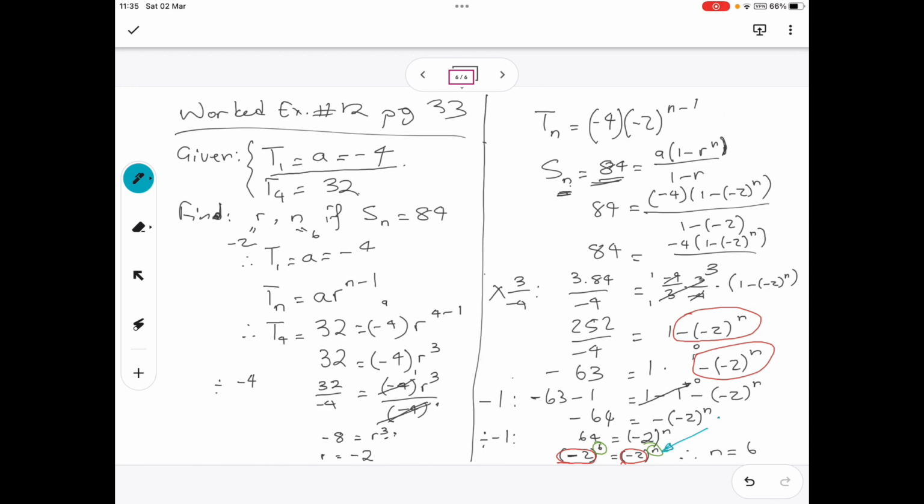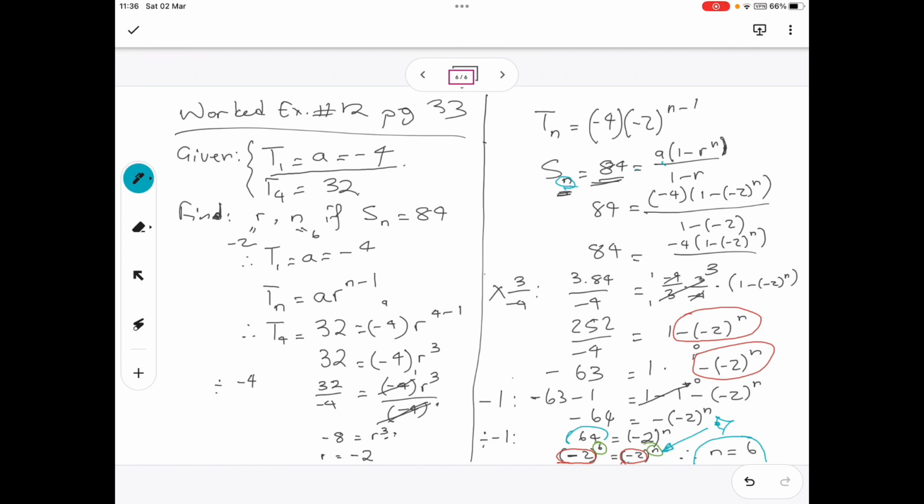So you remember this part here at the bottom, on page 6? Yes. So I want you to look at that. You see there we've got the final answer n equals 6, right? And that's because on the one side of the equation where we use the sum to the nth term equals a times 1 minus r to the n over 1 minus r, we use that whole process right up to where we get negative 2 to the power n equals negative 2 to the power 6.